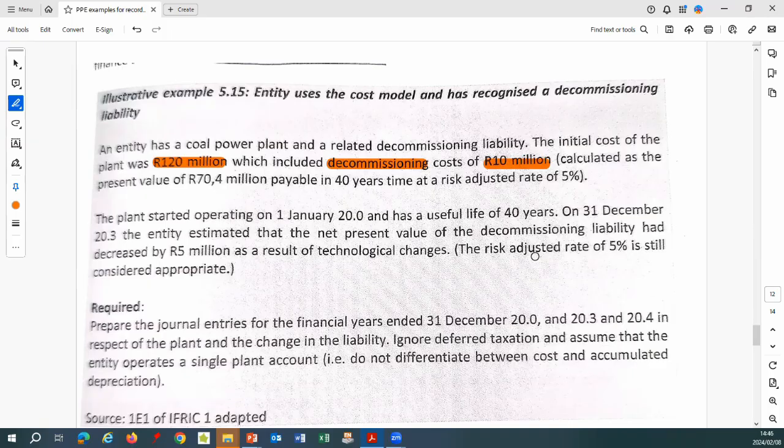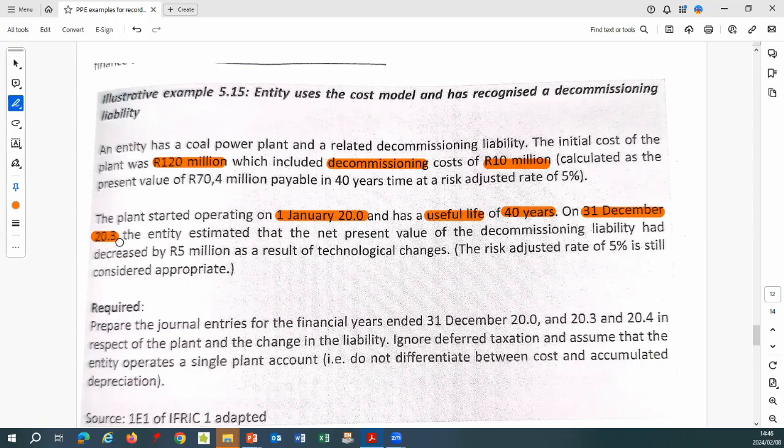The plant started operating on the 1st of January 20.0. It has a 40-year useful life. On the 31st of December 20.3, we have now used it for the whole of 20.0, 20.1, 20.2, and 20.3. So we've used it for 4 years already.